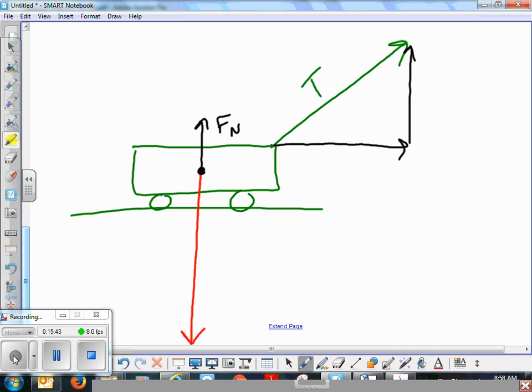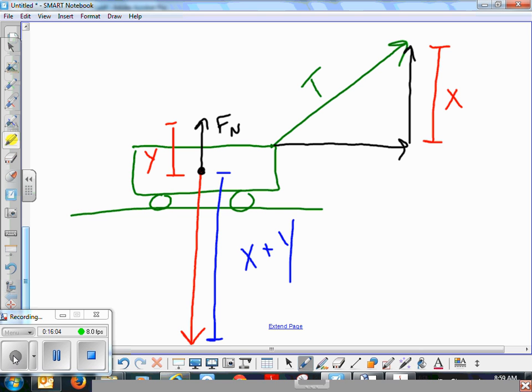So if we look at this, we'll say that this is x. We'll say that this is y. So by default then, this is x plus y. Do you agree?